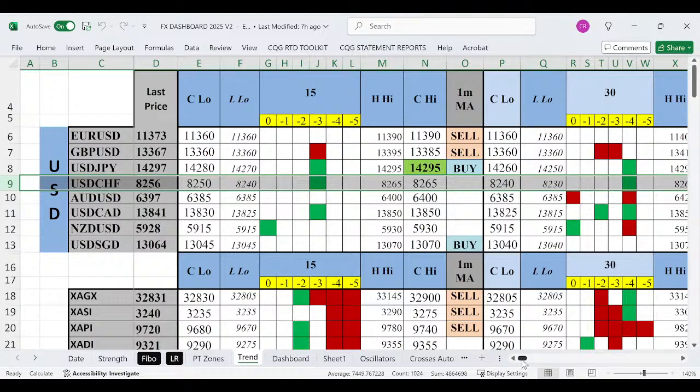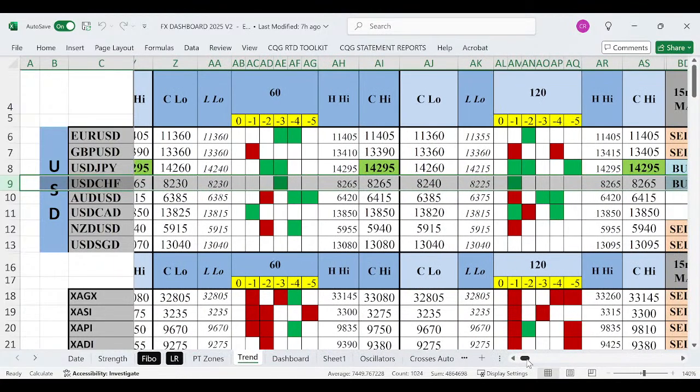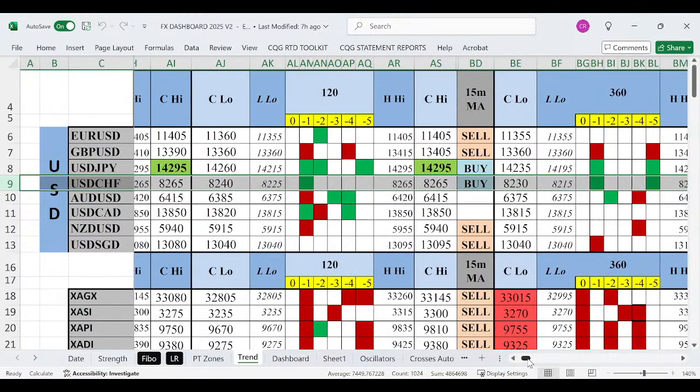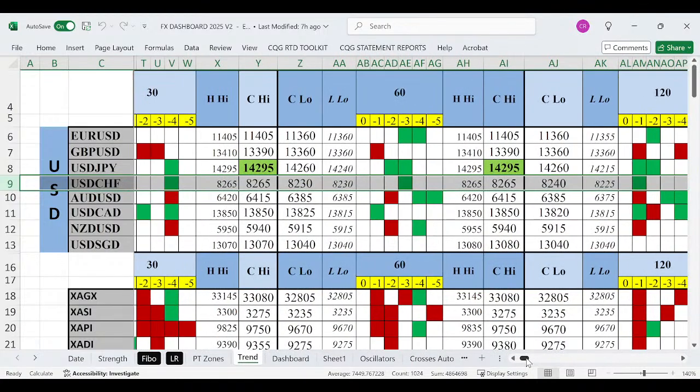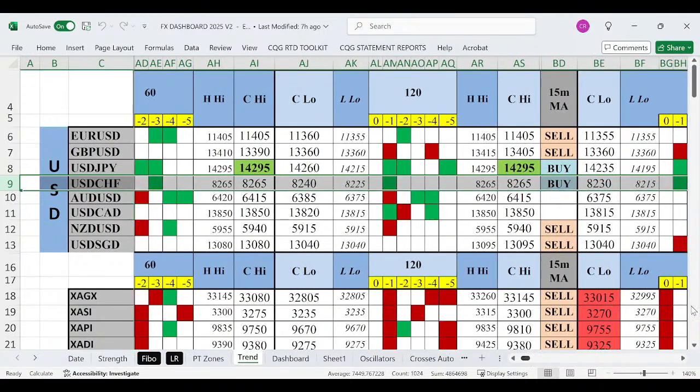currencies. So as far as the gold is concerned, I think right now this is in a range down on the 360 and range on the 120 and 60. Which means to say that we should be looking to sell near 3308 or 3314.